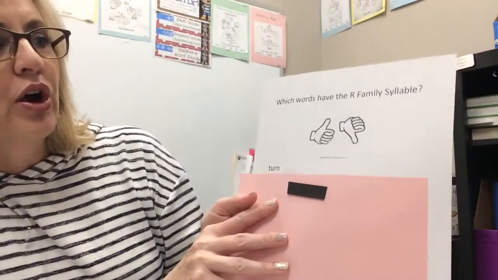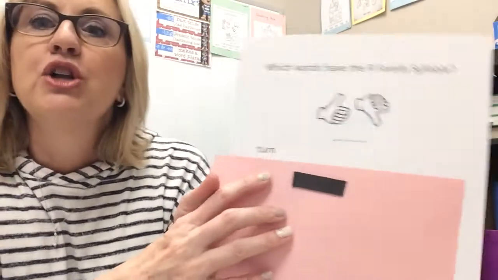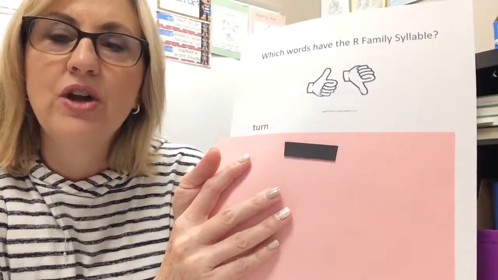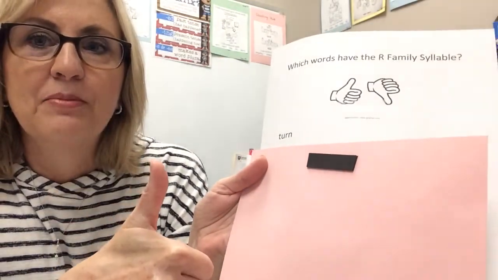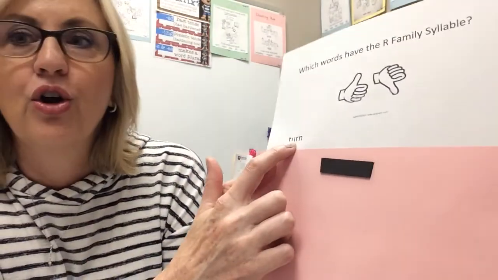So I'm going to give you a word, and I want you to tell me whether it is an R family word or not. So turn, does that have an R family in it? That would be thumbs up. UR.